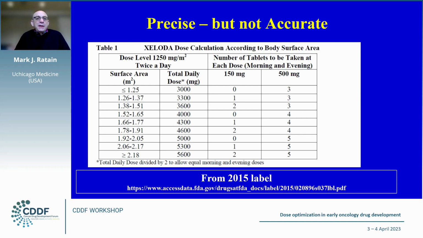And the prescribing information tells you exactly how many 150 and 500 milligram tablets to take to achieve the label dose, here rounded, you might say, to 2,500 milligrams per meter squared per day in 2 divided doses. Clearly an attempt towards precision.